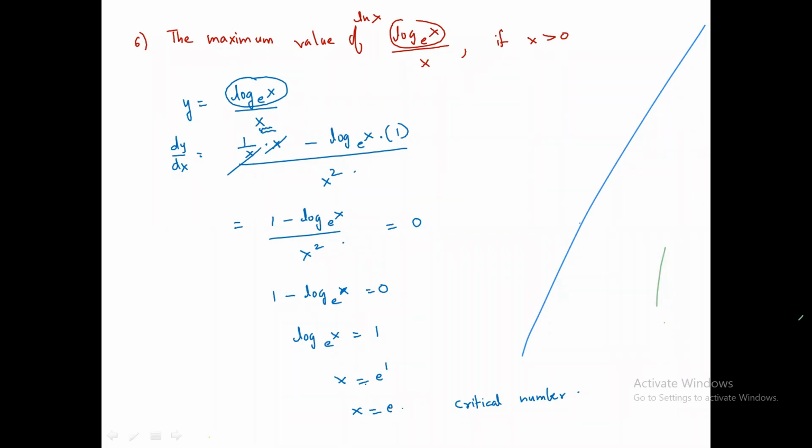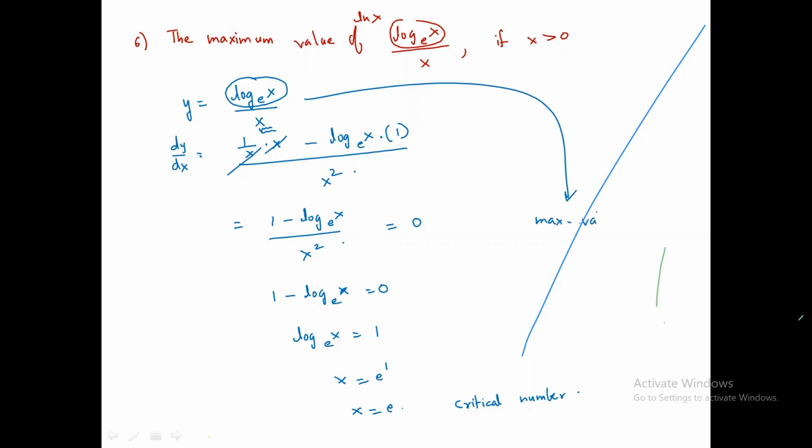Now, whether it is giving maximum or minimum value, mostly in the questions, you need not test, because directly you can think it will give you maximum value. Only thing is, in y you have to put to get the maximum value.